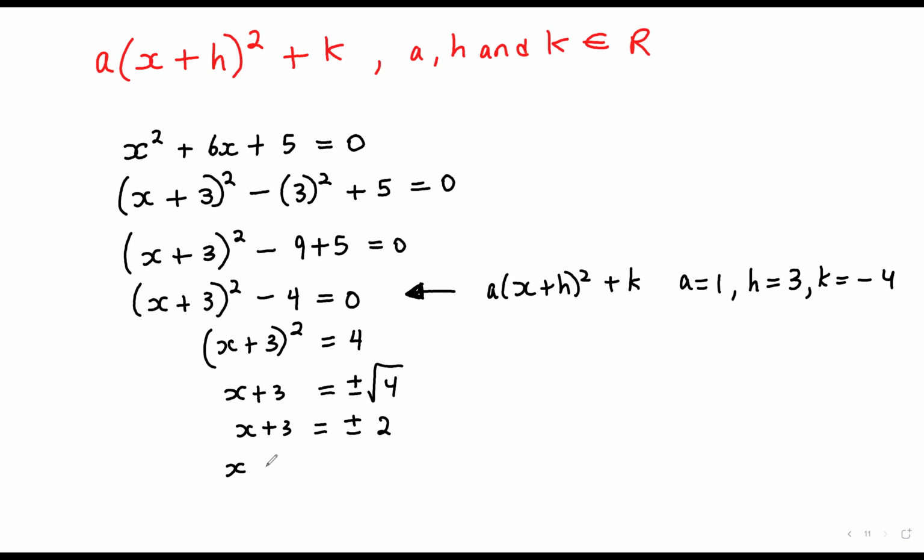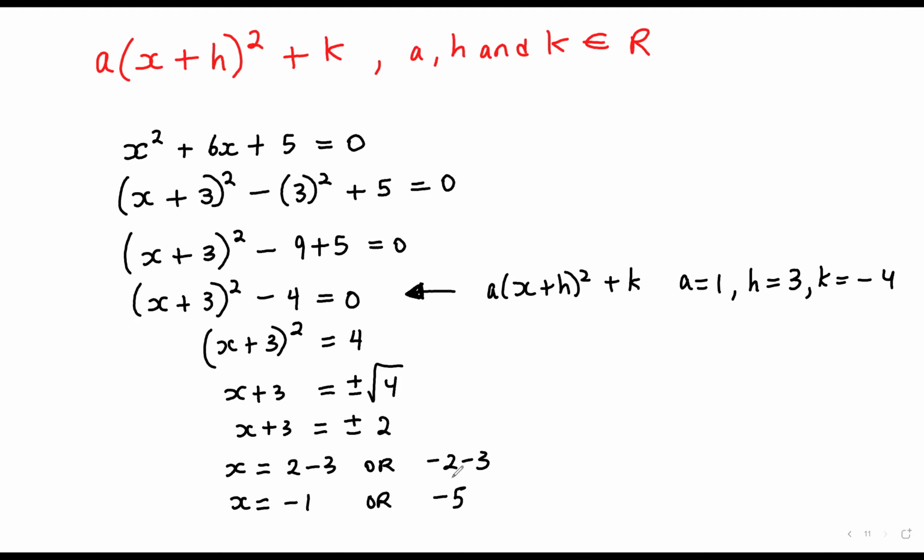So then x is equal to positive 2 take away 3, or x is equal to negative 2 take away 3. I moved the 3 to the other side of the equation, right? So then x will be equal to negative 1, or x will be equal to negative 5. So that would be the solutions to the quadratic. So you can also solve the quadratic by completing the square like this.